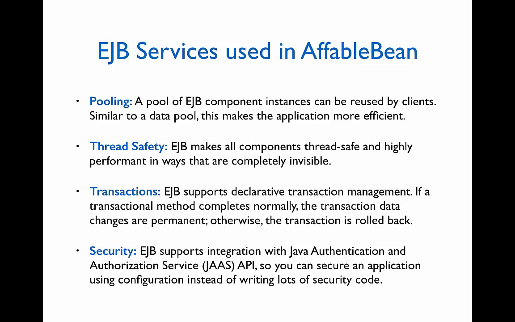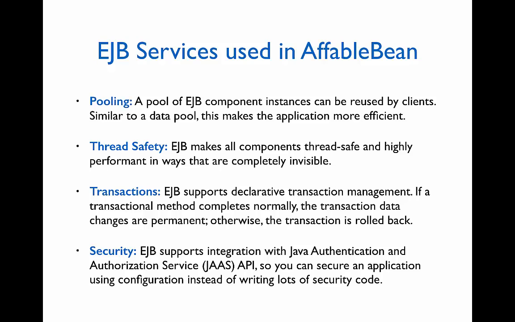Since we will have transactions in our application, we'll make use of the transaction management features of EJB components. If a transactional method completes normally, the transaction is committed and any data changes are made permanent. If the transactional method does not complete normally for any reason at all, the transaction is rolled back.